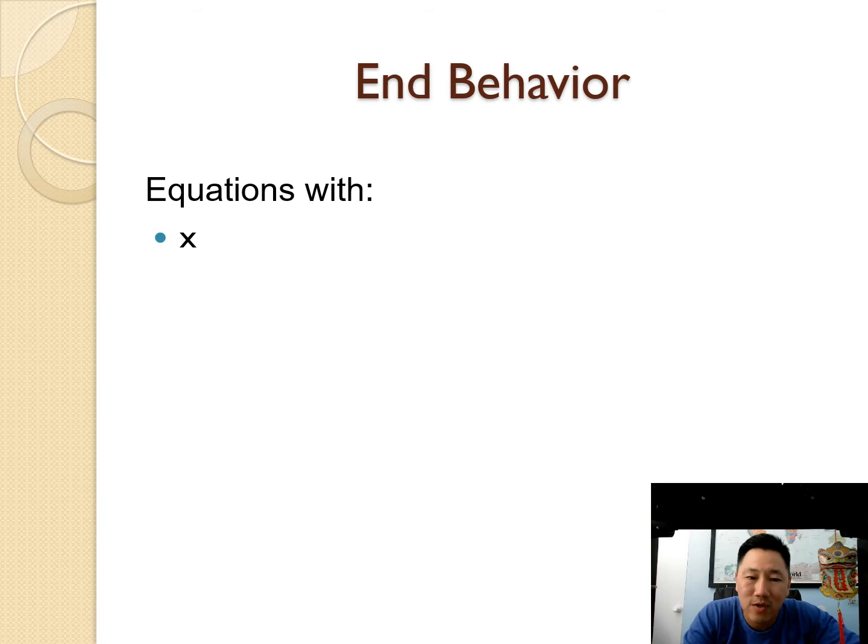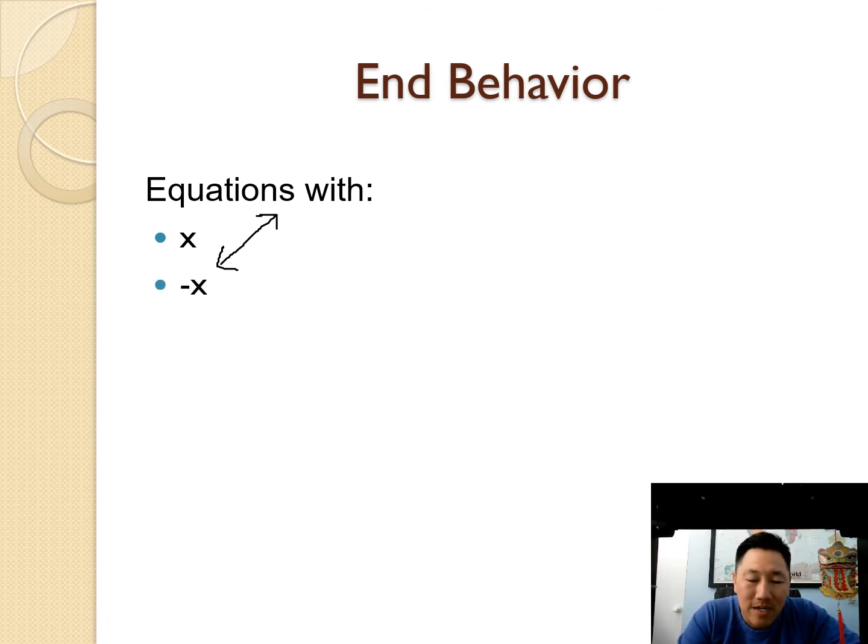They look like straight lines going this way. We say the left side goes down and the right side goes up. That's what's happening at the ends of it. The right side goes up forever, and the left side goes down forever.